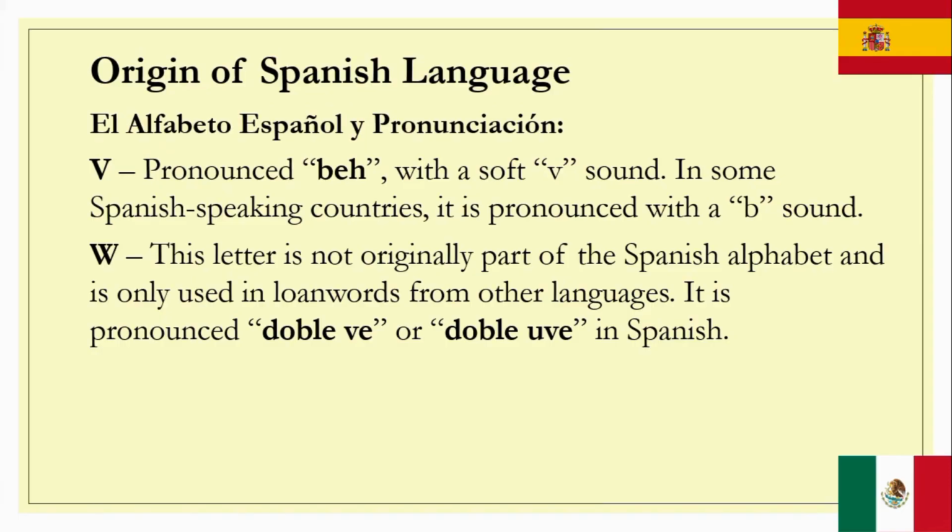In some Spanish-speaking countries, it is pronounced with a B sound. W. This letter is not originally part of the Spanish alphabet and is only used in loanwords from other languages. It is pronounced as doble V in Spanish.